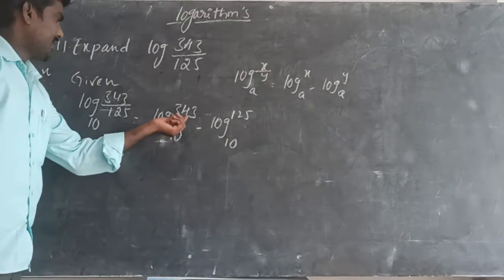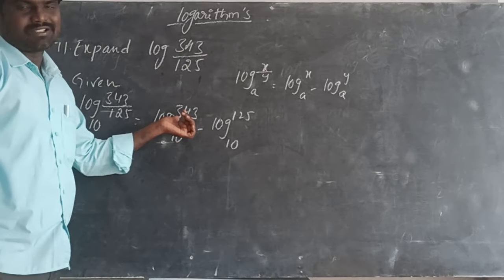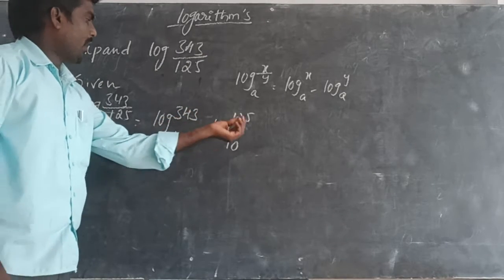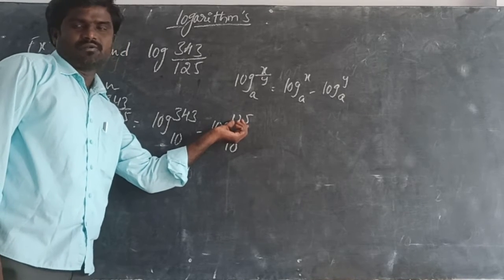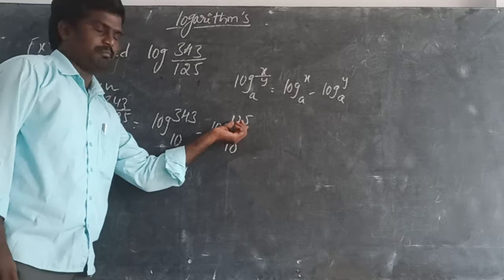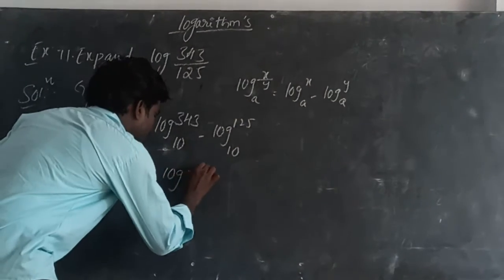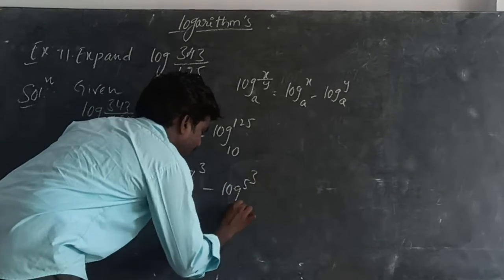Next, 343, how can you write it? 7 cube, 7 into 7 into 7: 7 7s are 49, 49 7s are 343. 125, how can you write it? 5 cube, 5 into 5 into 5: 5 5s are 25, 25 5s are 125. So you can write this as log 7 cube base 10 minus log 5 cube base 10.